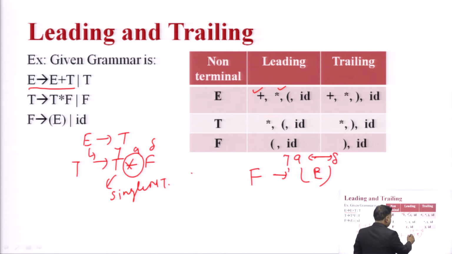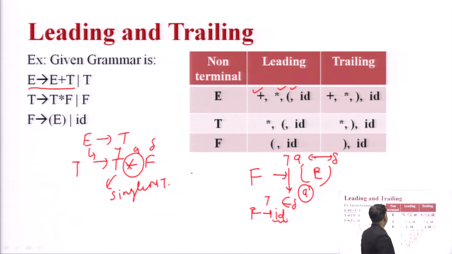So, here the gamma is epsilon and parenthesis open is my A. So, parenthesis open is again in the leading of E. Similarly, F drives ID. So, ID is what? Here is gamma, here is delta. So, what is the ID? ID is again the first terminal which can be derived from E. So, this will be in the leading of E, right.